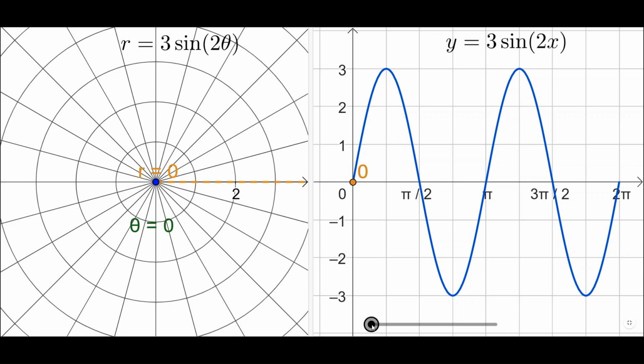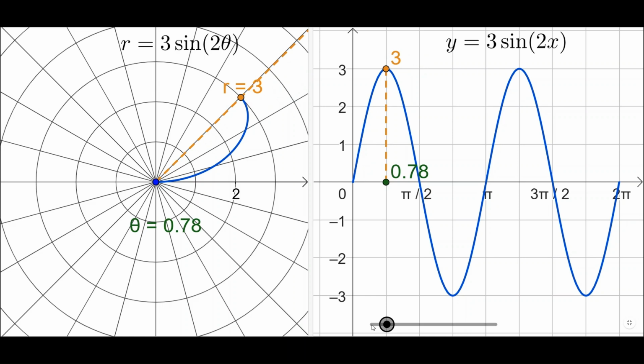So as I rotate from 0 to a pi over 4 angle, I start at 0, and my radius increases to 3. It hits that 3 at pi over 4. So the rotation goes from 0 to pi over 4, and my radius goes from 0 to 3.